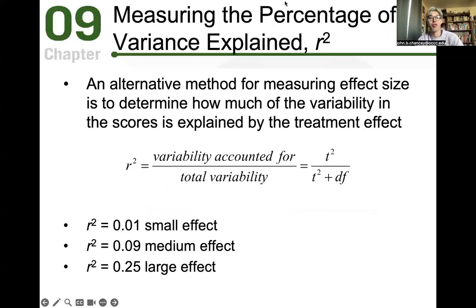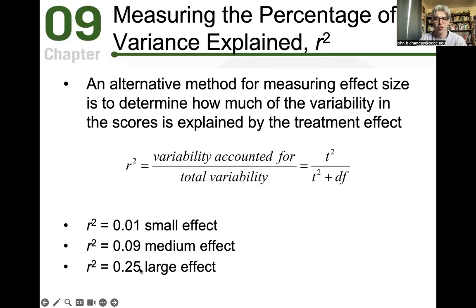We can also measure the percentage of variance using r squared. This is an alternative method for measuring effect size. Instead of Cohen's d, you can use r squared. You take your variability accounted for, which is just t squared, divided by the total variability. That's going to be t squared plus degrees of freedom. If it's 0.01, it's considered a small effect. 0.09 is a medium effect.